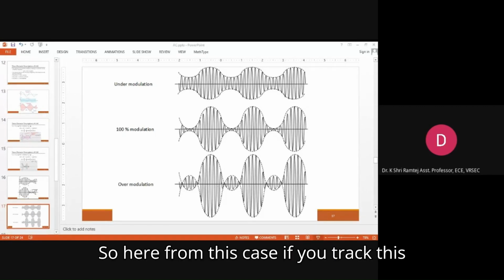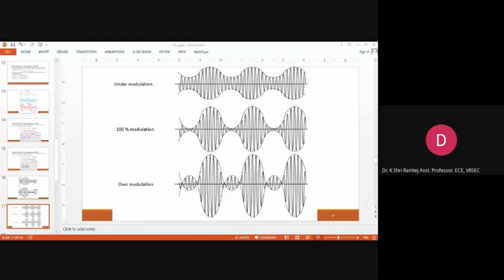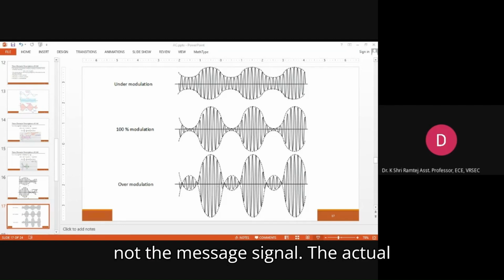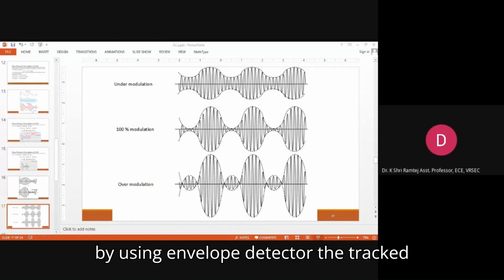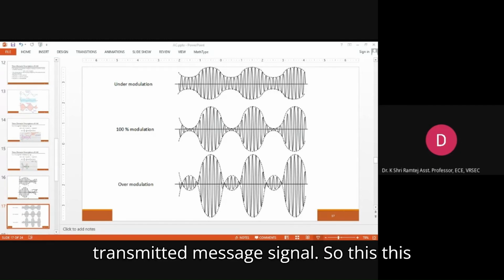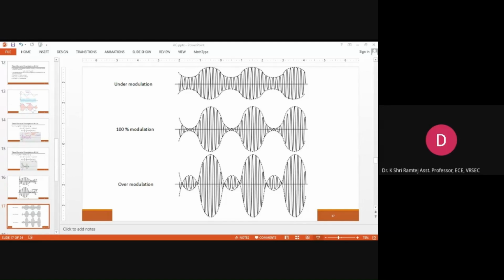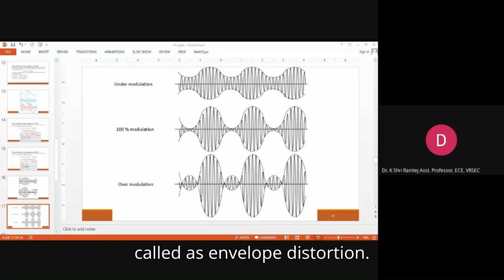If we track this envelope, the waveform will be obtained like this, which is not the message signal. The actual message is this one, but by using an envelope detector, the tracked signal will be this one, which is not the transmitted message signal. This has occurred due to the phase reversals, and this distortion is called envelope distortion.